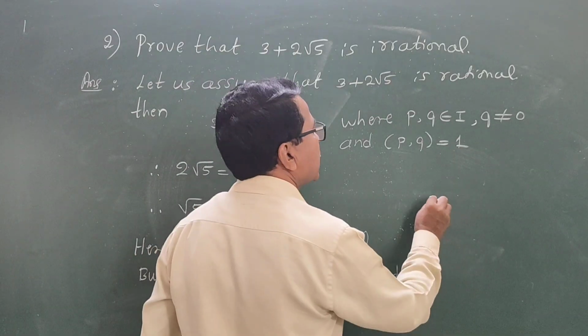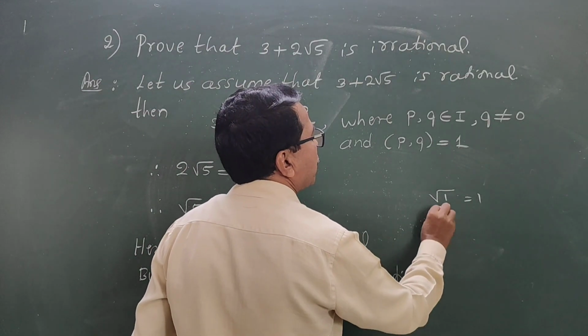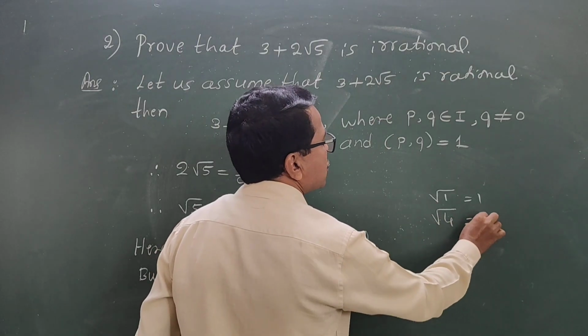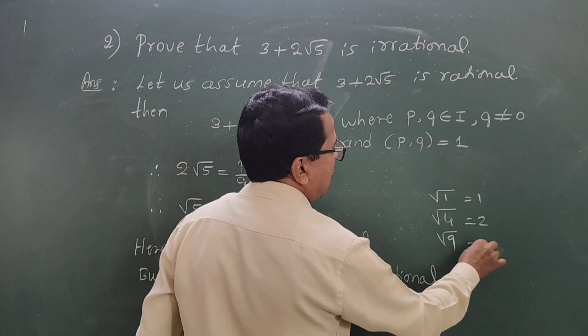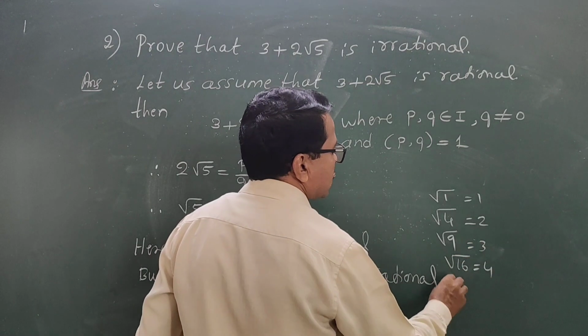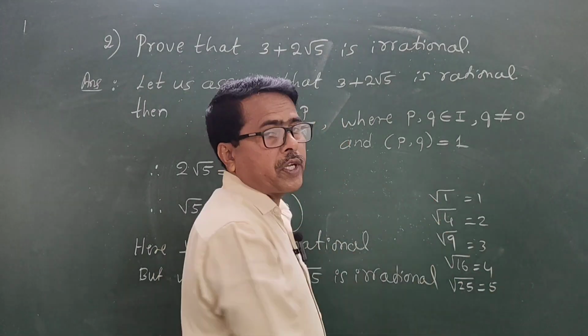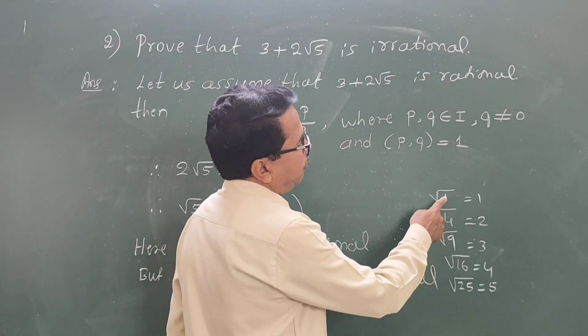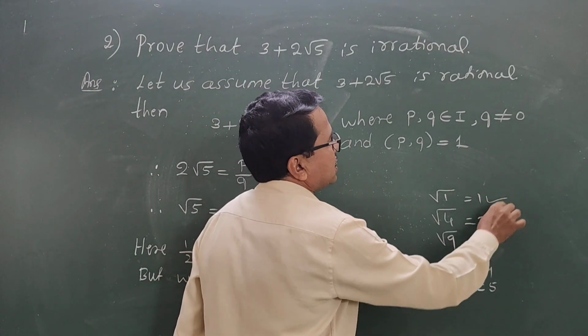If a perfect square number is there, for example 1, its square root becomes 1. If perfect square 4 is there, its square root is 2. Square root of 9 is 3. If 16 is there, square root is 4. Square root of 25 is 5. That is square root of all perfect squares.